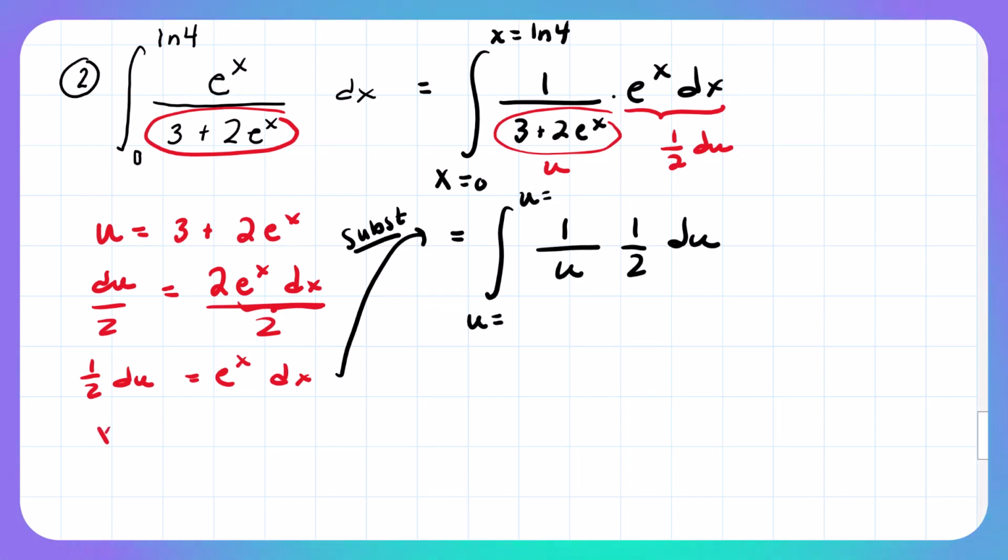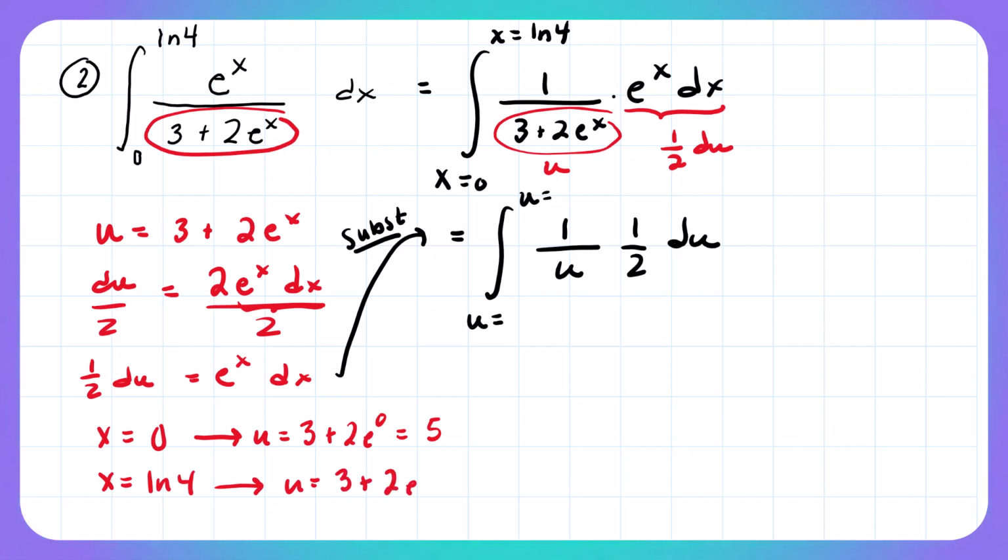So if x, and I'll show the work over here, sometimes we can do this in our head, but I'll show the work over here. If x equals 0, then u would be 3 plus 2e to the 0, so that would be 5. And if x equals the natural log of 4, then u would be 3 plus 2e to the natural log of 4.